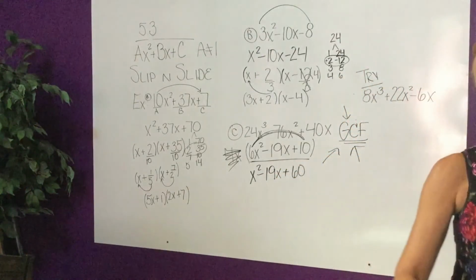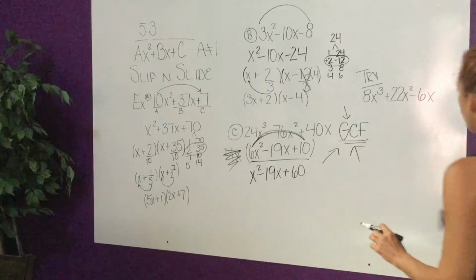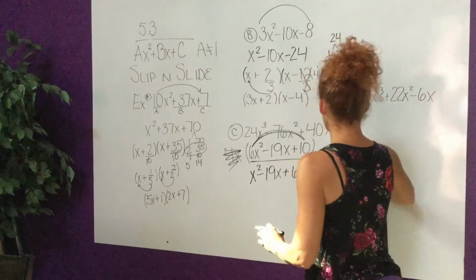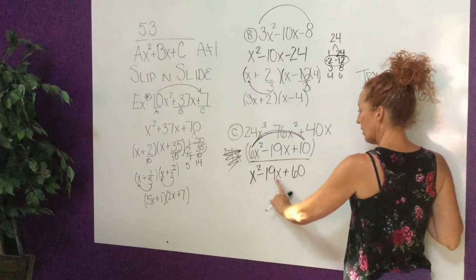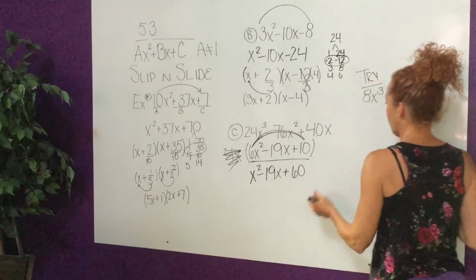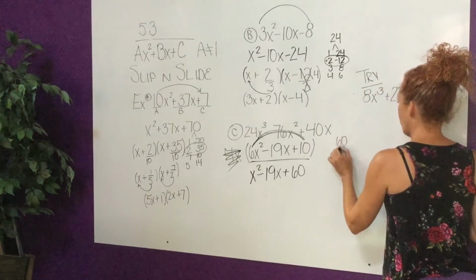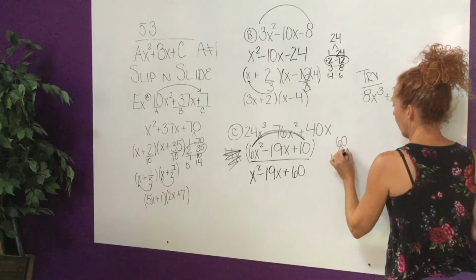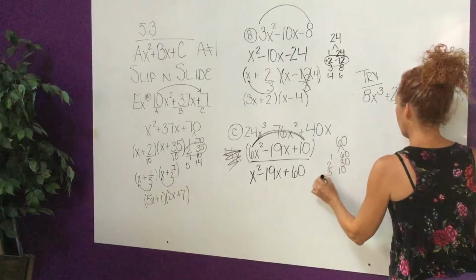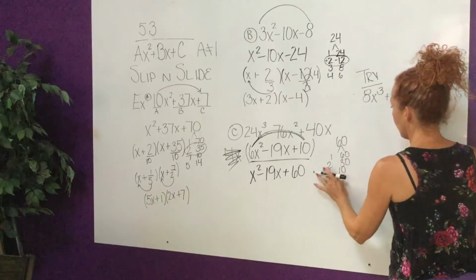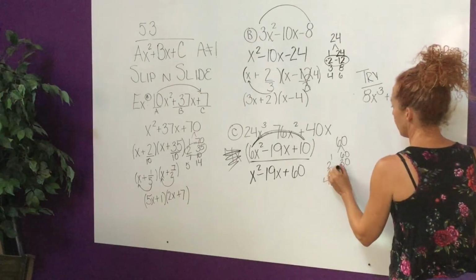I need 2 factors of 60 that come up with 19. Let's notice my signs. It's going to add to a negative, but it's going to multiply to a positive. That's not right. Let's do 3 and 20.